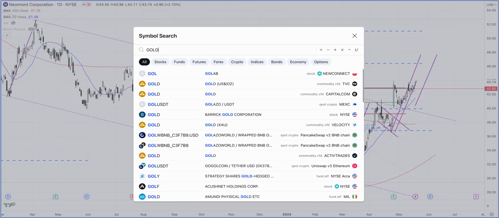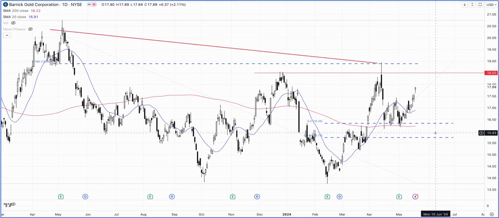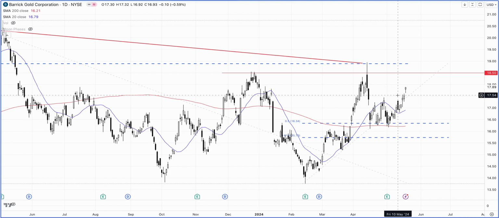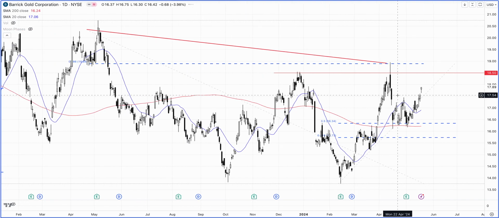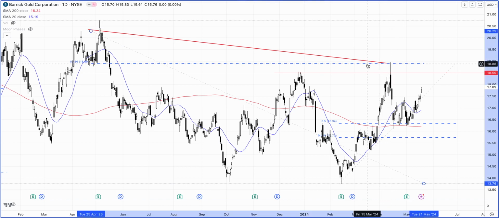Now if we look at Barrick Gold, here we go, this is Barrick Gold. You can see that this stock is a little bit different, and it hasn't had the sort of move which we have seen in Newmont, but it seems to be catching up. And what we are looking at is it found a great deal of resistance coming in right from the 78.6% retracement of these high to low here.